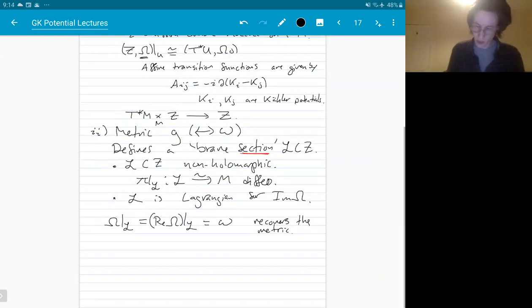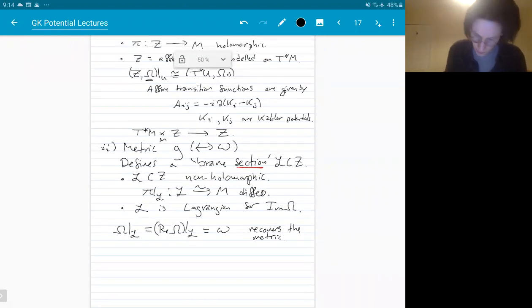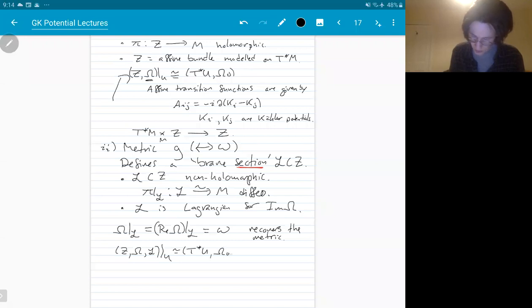And if you remember how it was built locally, let me now upgrade this picture to include L. So Z_ω, L restricted to some small enough open set is the cotangent bundle with the canonical symplectic form, and L here was the graph of i∂K, where K was a Kähler potential.